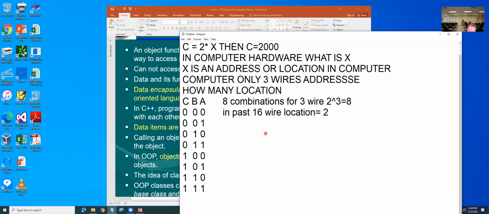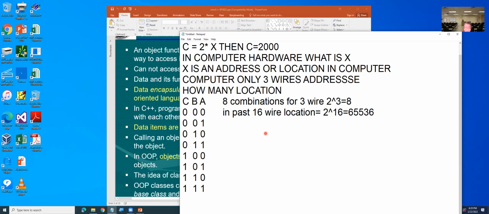Two power of 16 equal what number? 65536. Okay, just a minute. 65536. Correct.